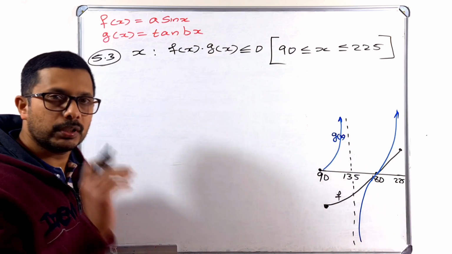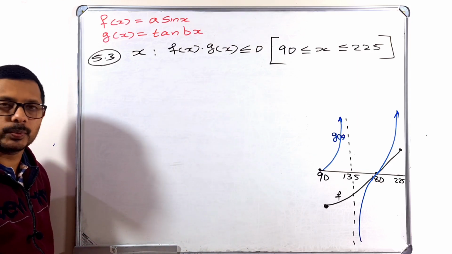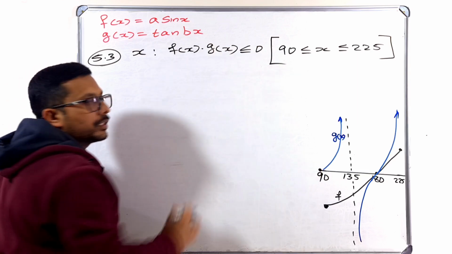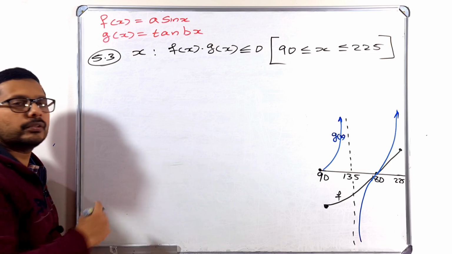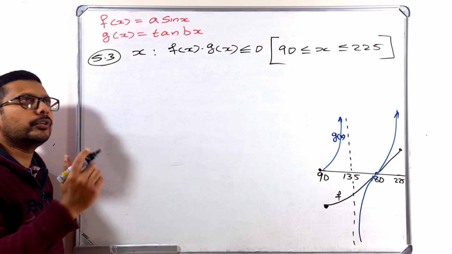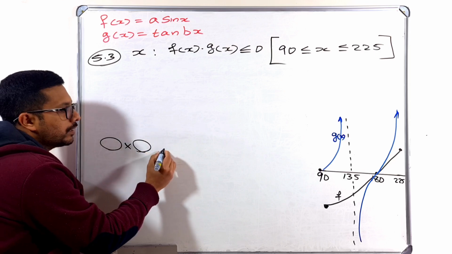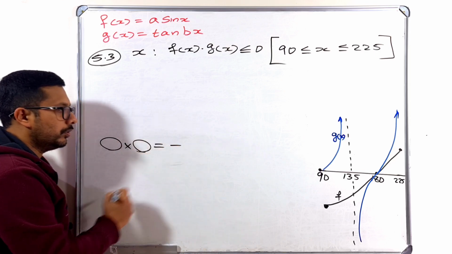Listen once more. When you studied graphs and functions, I explained this clearly. When you multiply two functions, the answer being less than or equal to 0 means that when you multiply two quantities, the answer is negative.